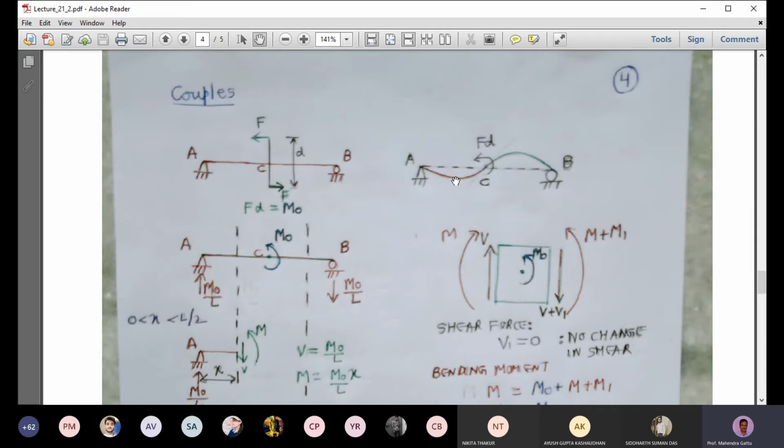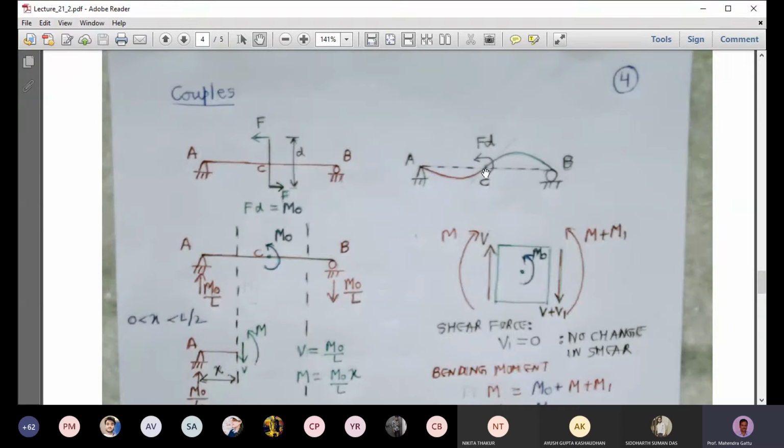So our deformation will look something like this. At point C there is a rotation. This part of the beam will bend, will sag, and the remaining part to the right of C will be hogging. So this is the shape of beam AB due to the application of the couple. Now, if you move the couple to some other location, some intermediate point between A and C, then the deflection shape will be different.